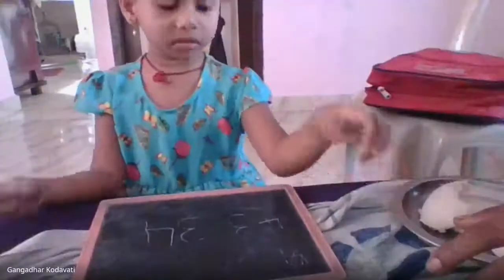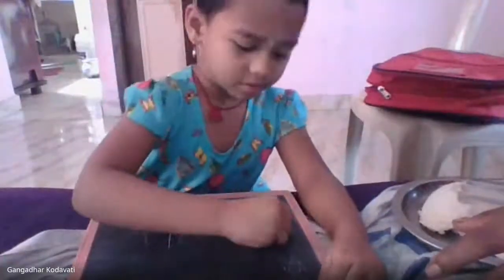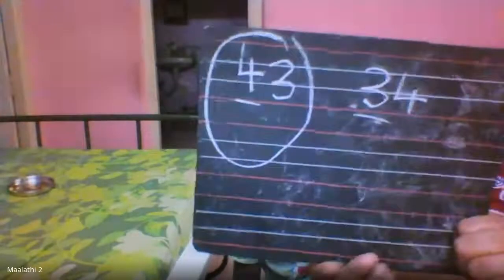Don't you know the difference? Can anyone tell the difference? 4-3 is the bigger number. I didn't ask you whether it is the bigger number or the smaller number. I asked you the difference between them. What is the difference?